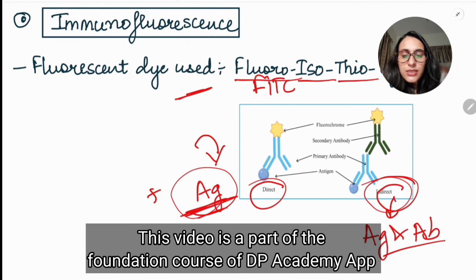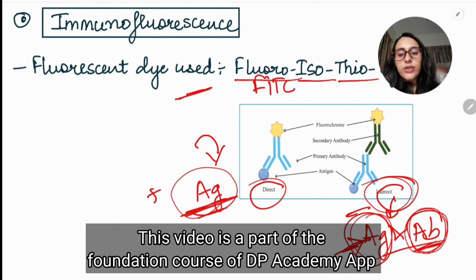Indirect immunofluorescence means that if you are doing antibody detection, antibody is taken from the patient and it is reacted with antigen. And if the fluorescence comes, that means it is a positive reaction.